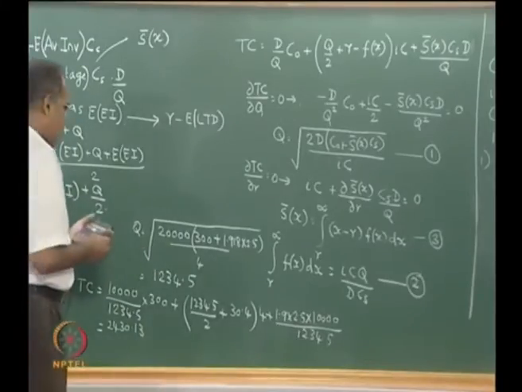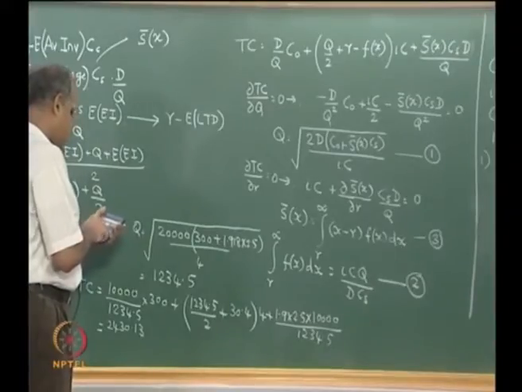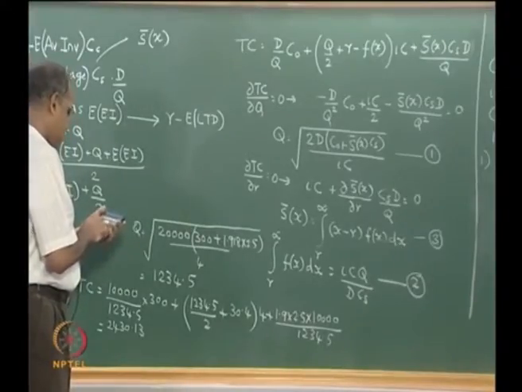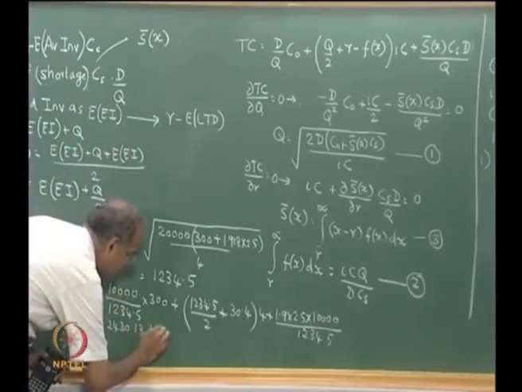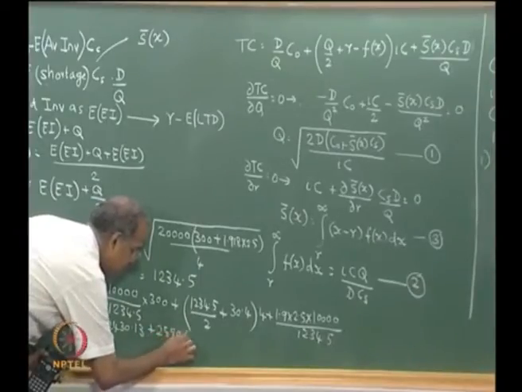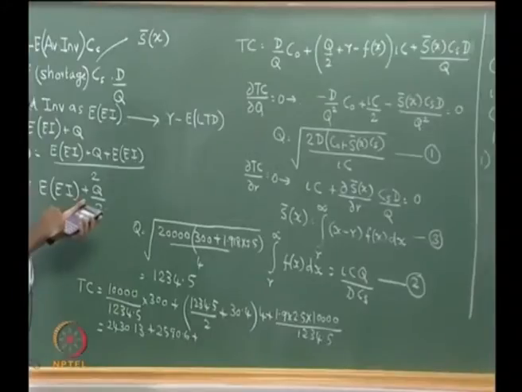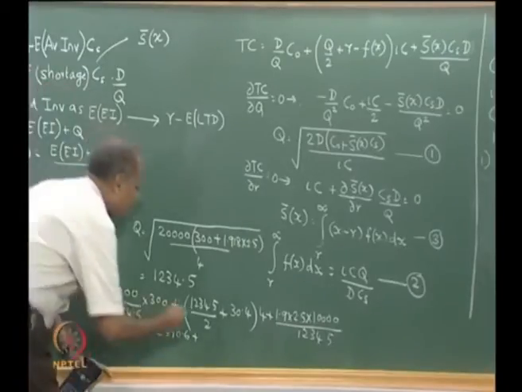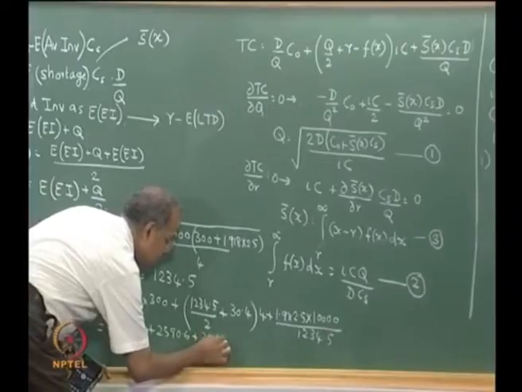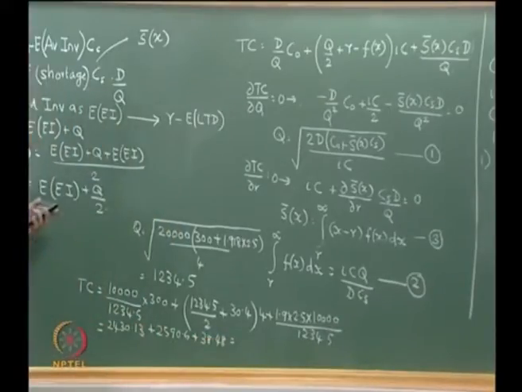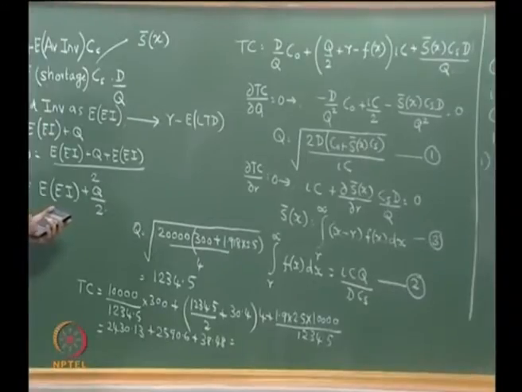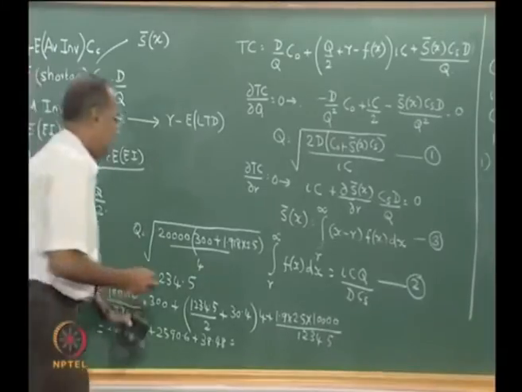The carrying cost component will be 2590.6, plus the shortage cost component will be 38.48, and this would give us a total cost of 5059.2.